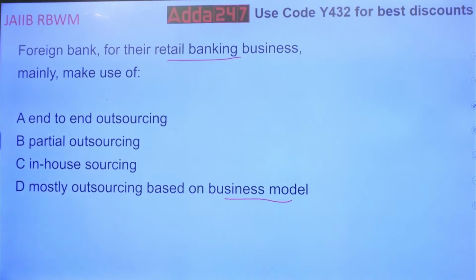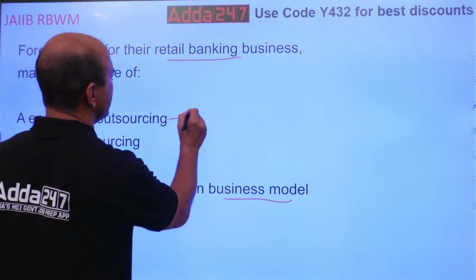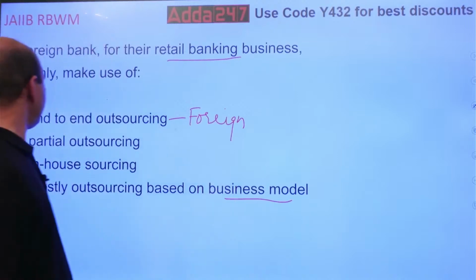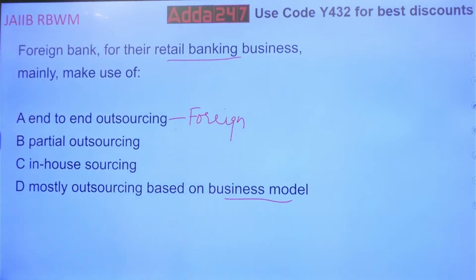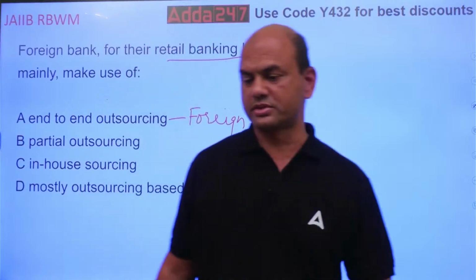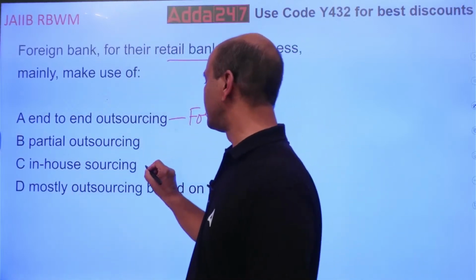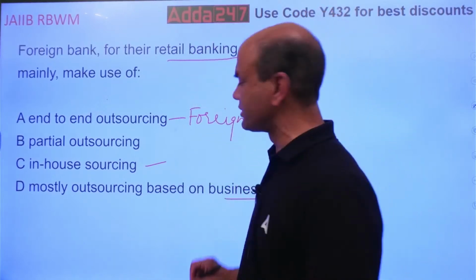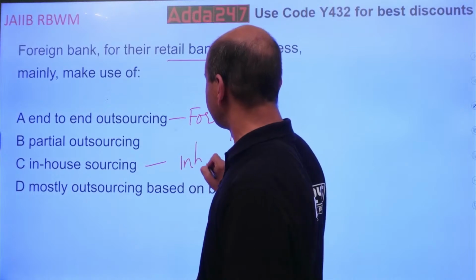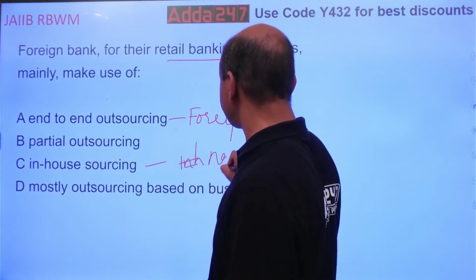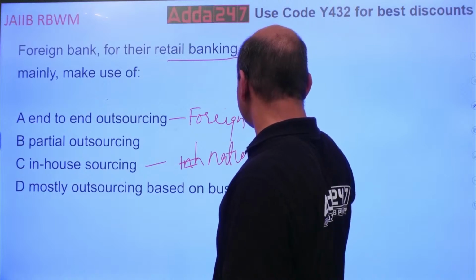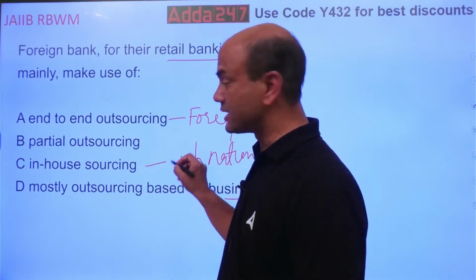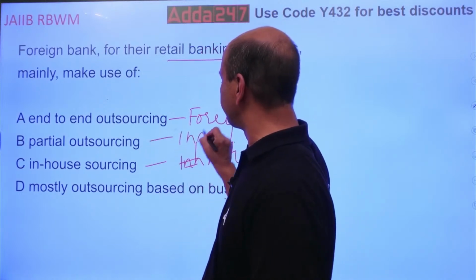Generally, we do end-to-end outsourcing in foreign banks. Foreign banks do end-to-end outsourcing. Nationalized banks do in-house. Partial is done by private banks, Indian private banks.